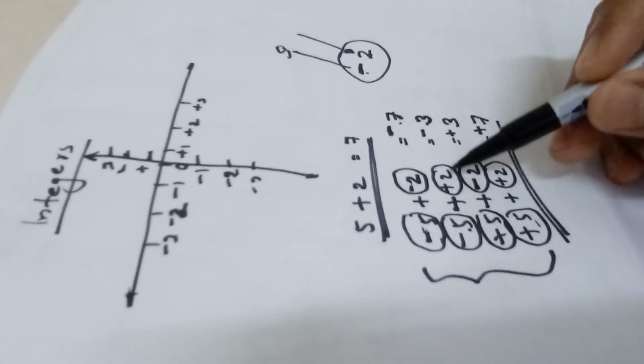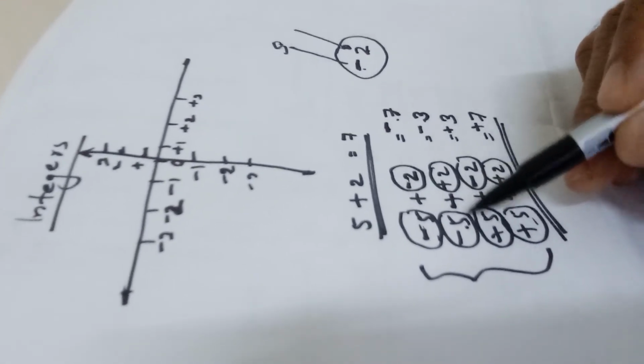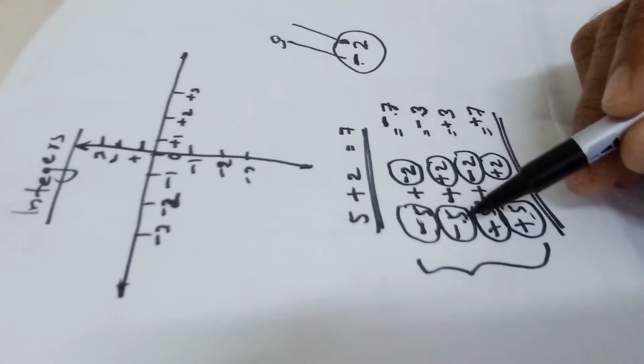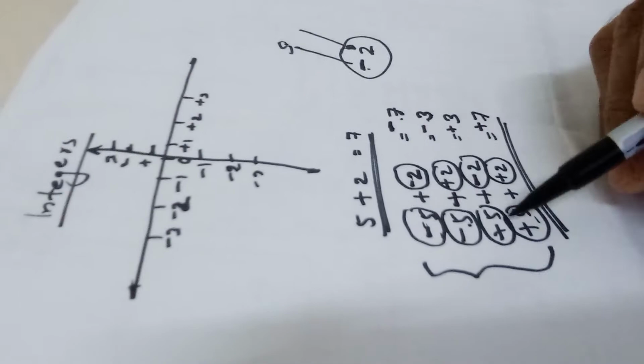If two numbers have different signs, subtract the numerical values and give the sign of the bigger numerical value. Correct? Completed? You understood?